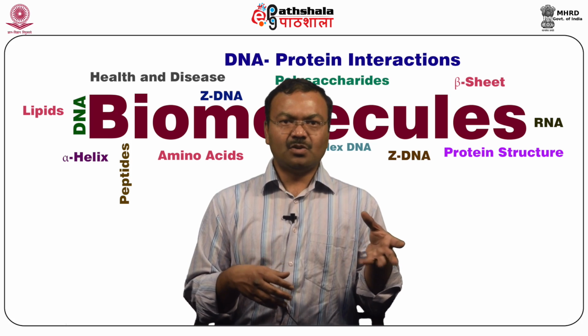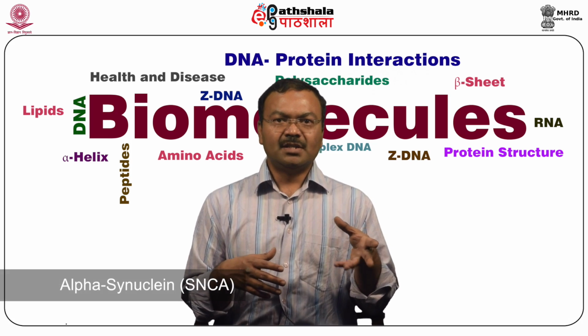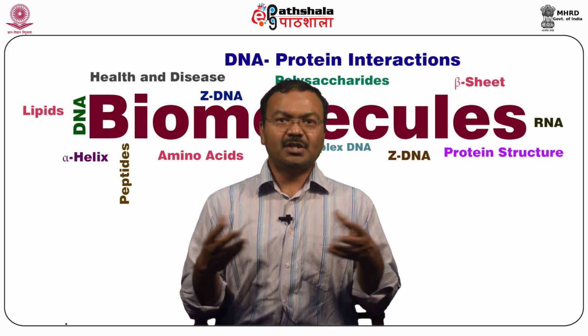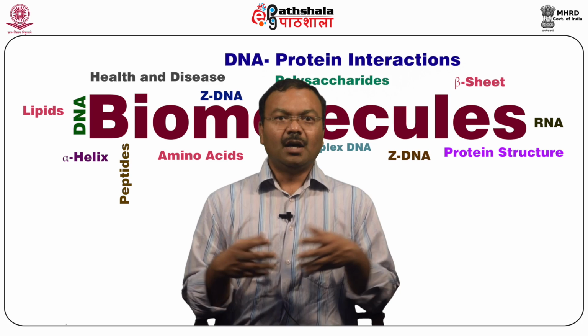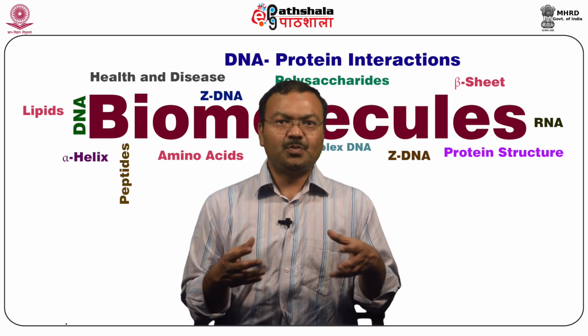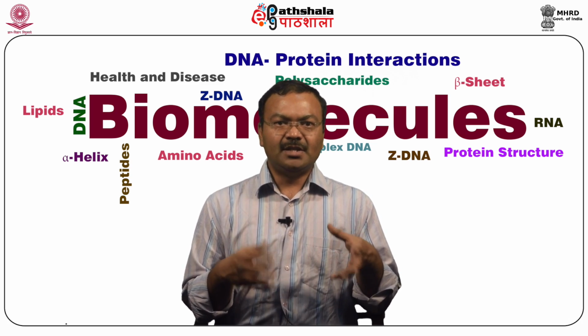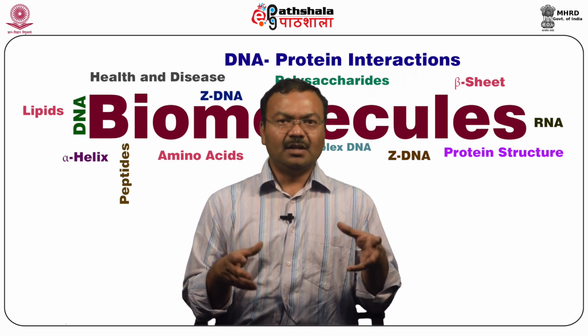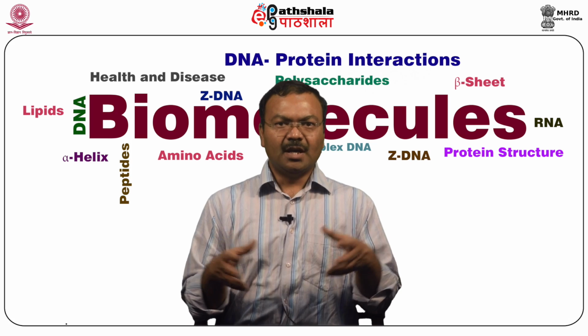These genes code for alpha synuclein, Parkin, leucine-rich repeat kinase 2, PTEN-induced putative kinase 1, DJ1, and ATP13A2. We will discuss a couple of them in this module.